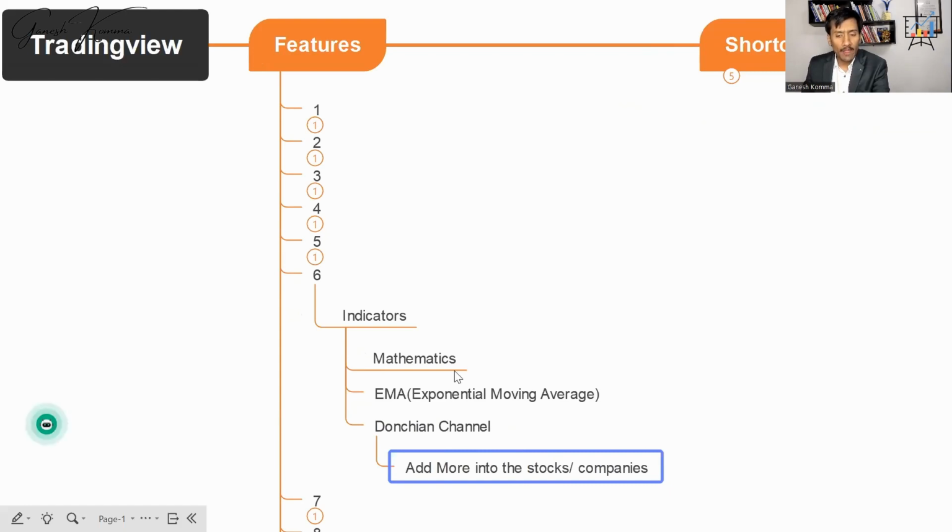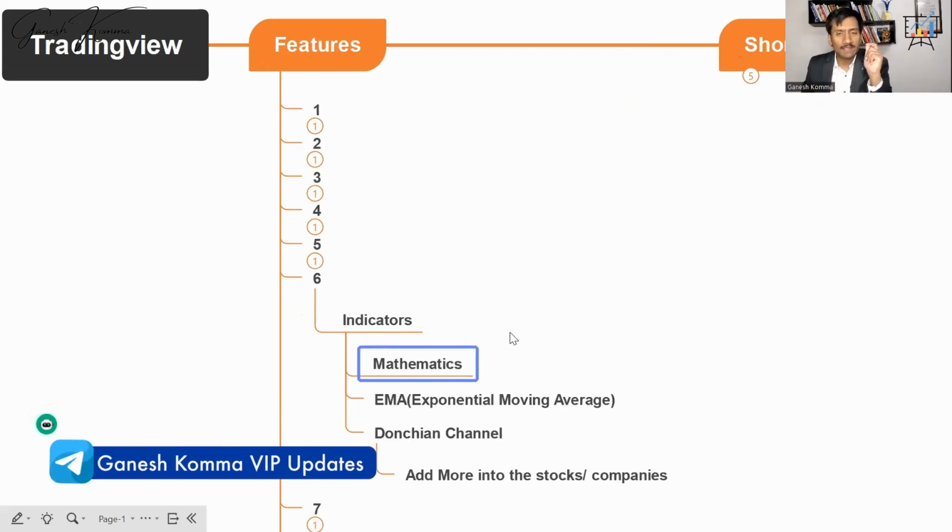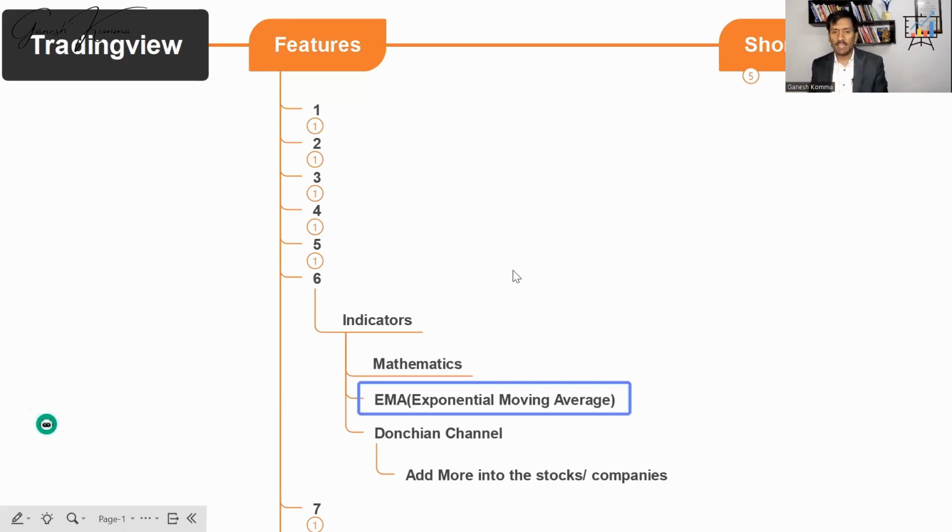And let me tell you, sir, all these work, because indicators are pure mathematics, right? It's not just a random thing. There is a background, there is something which happens, right? Exponential moving average, if I select an EMA of 30 under weekly chart, over the last 30 weeks, how has the price been moving?